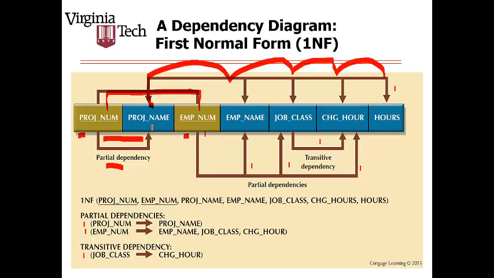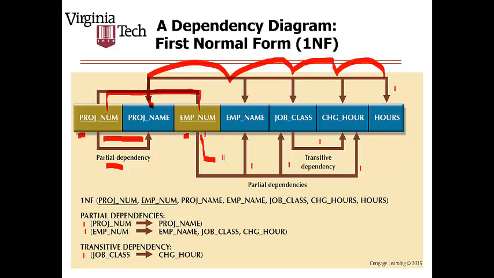So the project name is being determined only by a part of the key, the project number. All I need to know the project name is know the project number. I don't need to know the employee number to know the project name. I only need to know the project number.